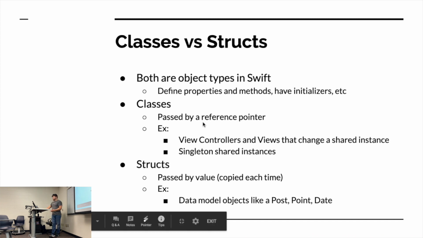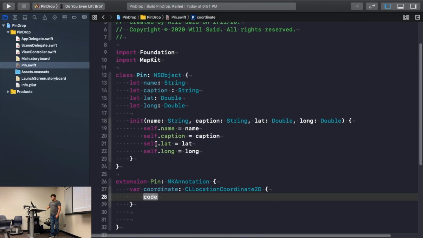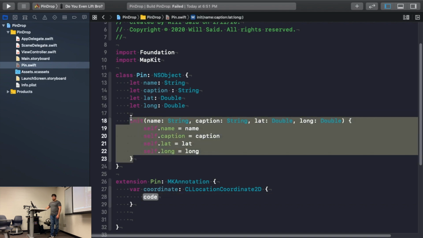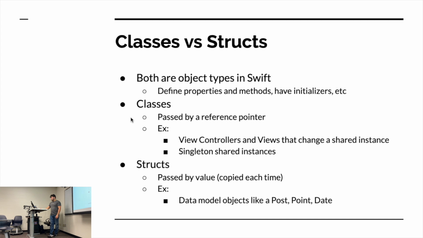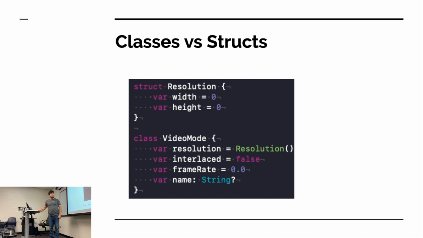So I hope that makes sense, classes versus structs. It matters in the beginning. To you, the most it'll probably matter is that you have to write an init for classes. So yeah, classes versus structs. Will this build? Yes or no? Actually, it probably will.